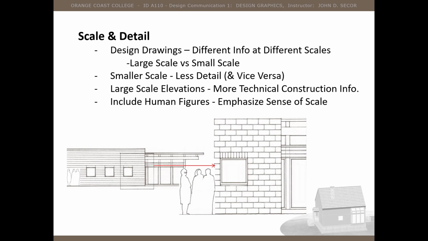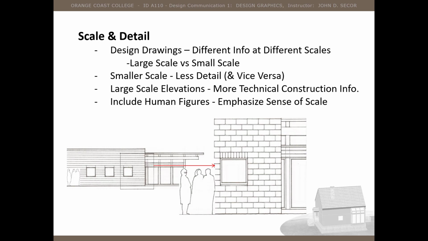Once a person sees some sort of person representation, they're much more comfortable projecting themselves into that illustration and understanding how big things are, how proportionate they are, and what the human interaction is more likely to be.